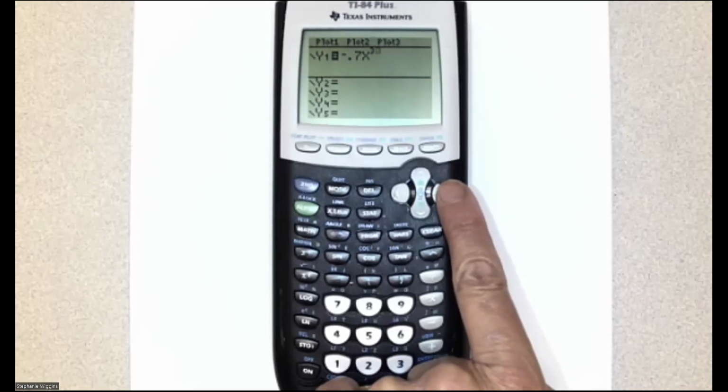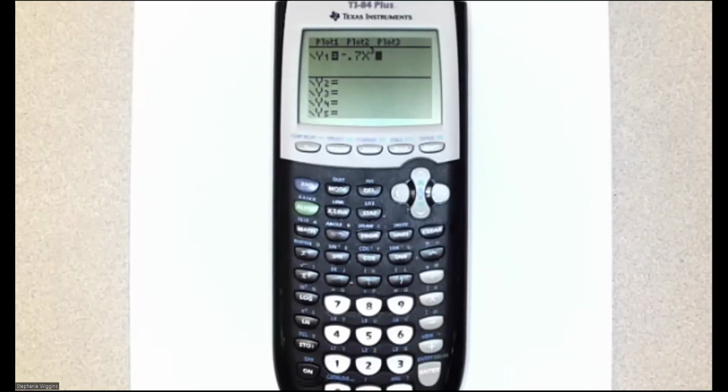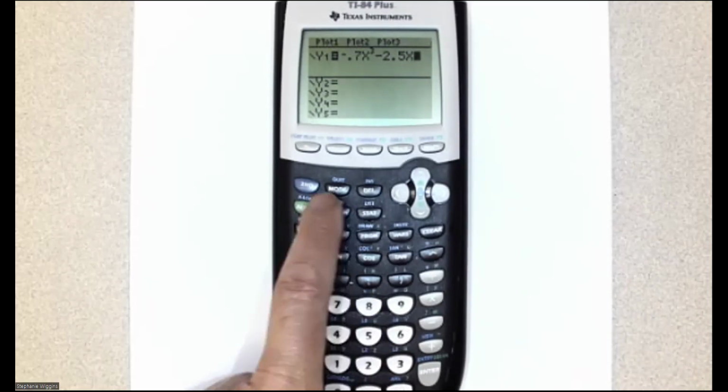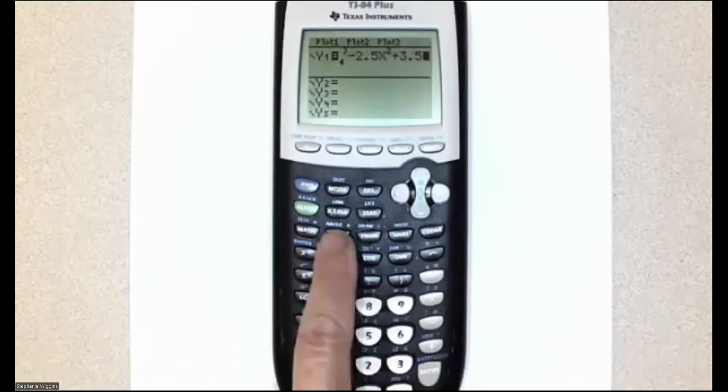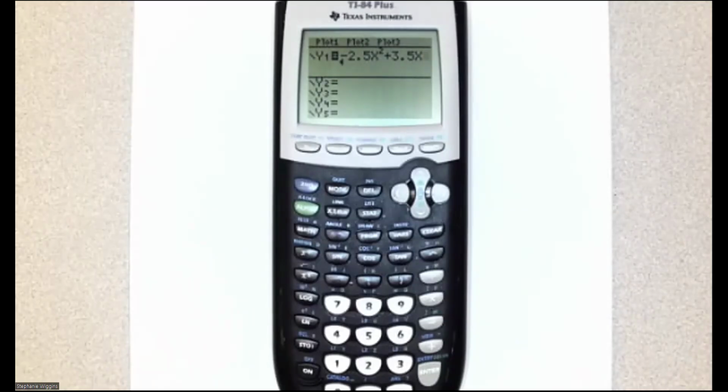And then I want to get back on the main line. So I'm going to do the right arrow. And then I'm going to say minus. Now this time I can use minus because I'm subtracting. Minus 2.5 x squared plus 3.5x plus 3.5. So let's take a look at the graph.